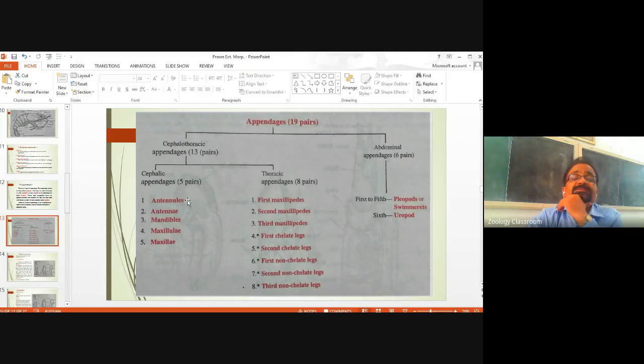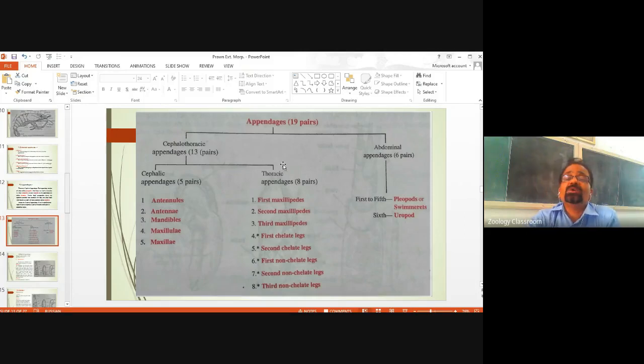Antenules, antennae, mandibles, maxillulae and maxillae. Maxilluli is the plural: single maxillula, two maxillulae; single maxilla, plural maxillae. Likewise, antenna, two antennae; antenule, antenules.